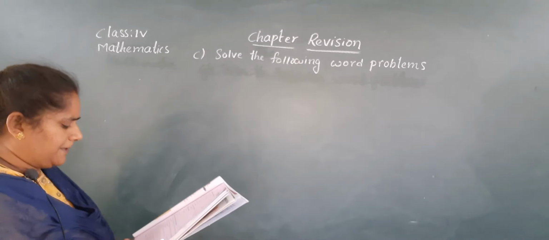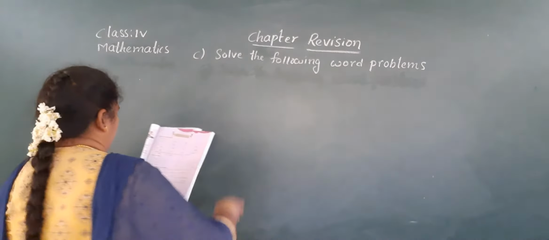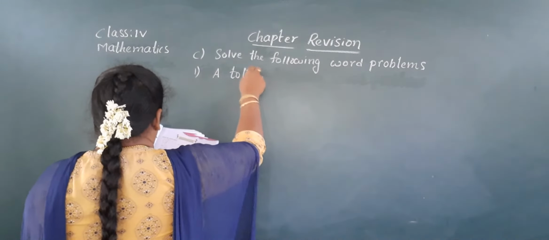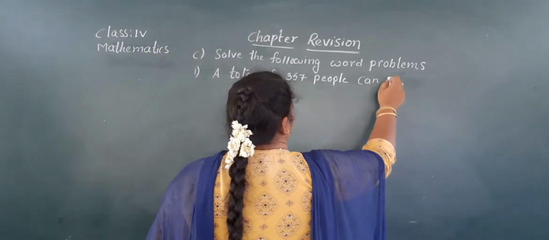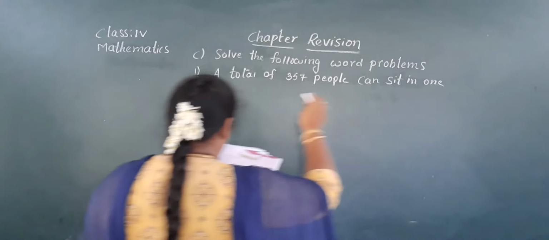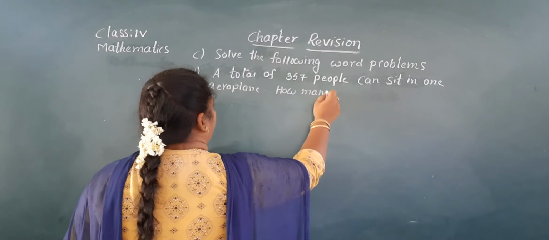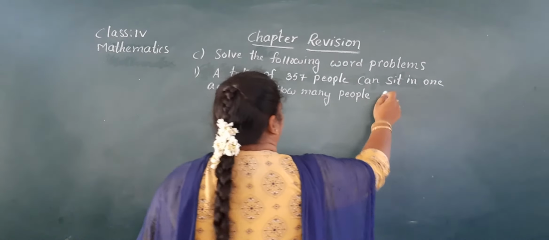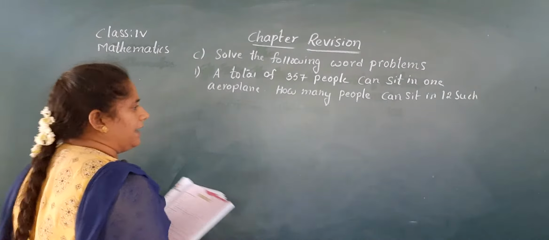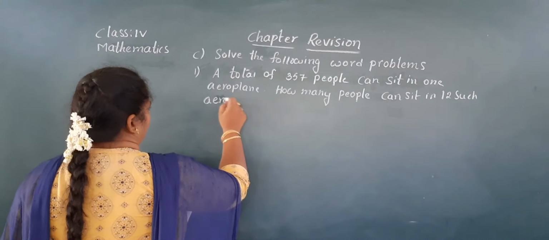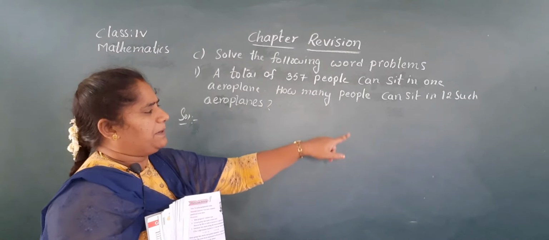So first problem. A total of 357 people can sit in one aeroplane.